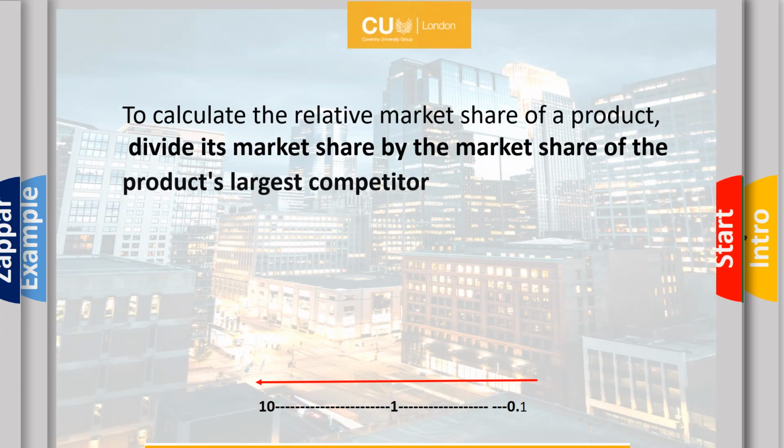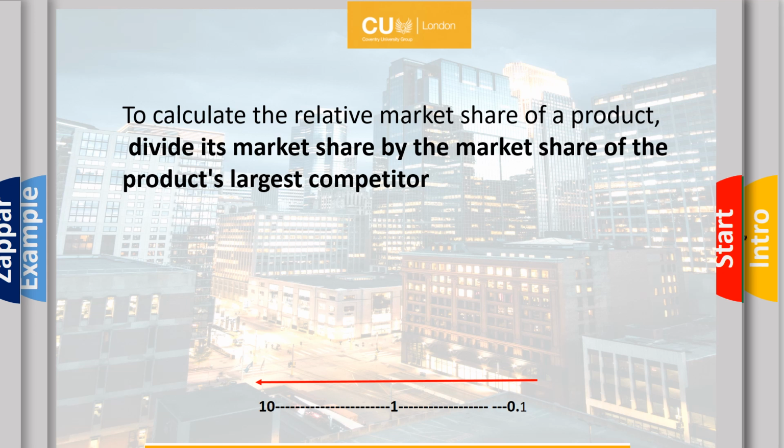So let's go back to looking at the relative market share. We know that from 1 to 10 is good, and from 0.1 to 1 is not so good, so it's low. To calculate the relative market share of a product, you divide its market share by the market share of the product's largest competitor.